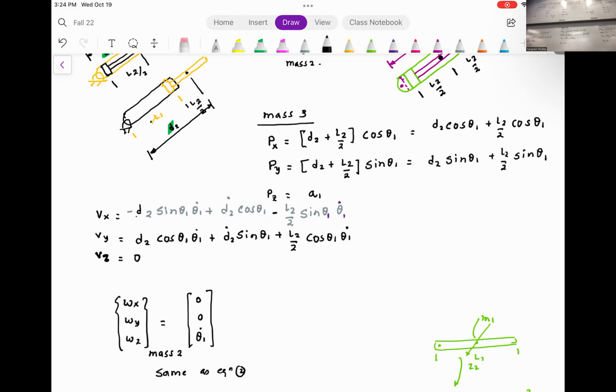Everyone understood this setup? Now, if I want to formulate the Lagrangian, L is total kinetic energy minus total potential energy. This is nothing but T1 plus T2 plus T3 minus V1 plus V2 plus V3.